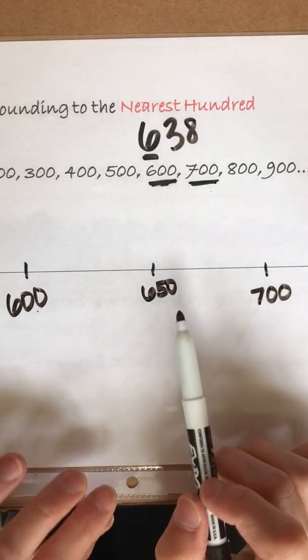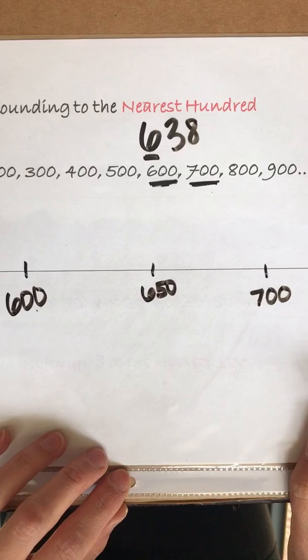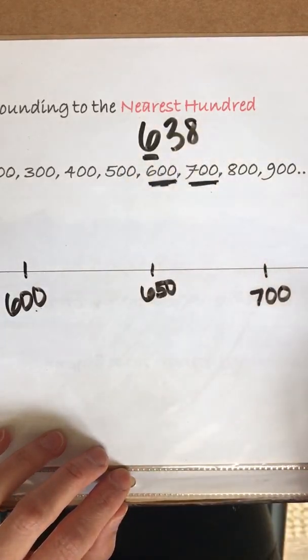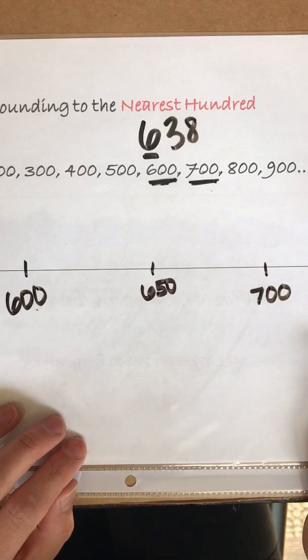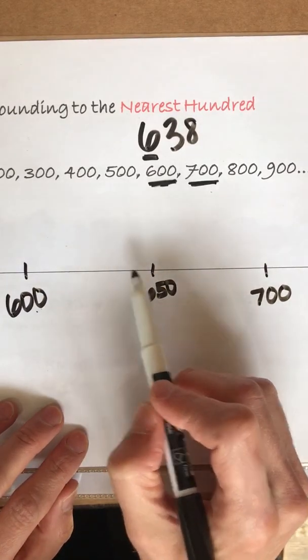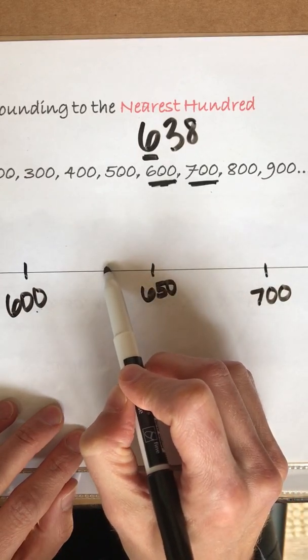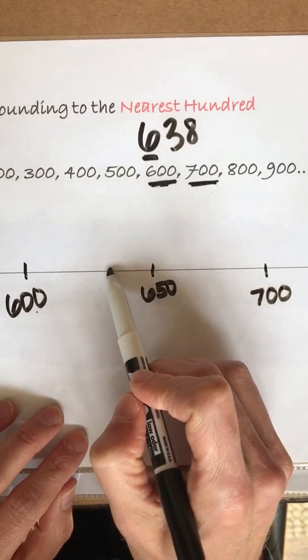So we labeled the number that's halfway between our two hundreds. Now we need to plot 638 on the number line. So about where would 638 go? Well, I know that 638 is less than 650. So I'm going to put it maybe about here.